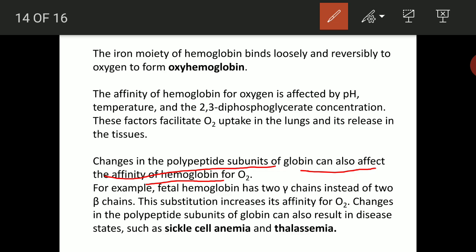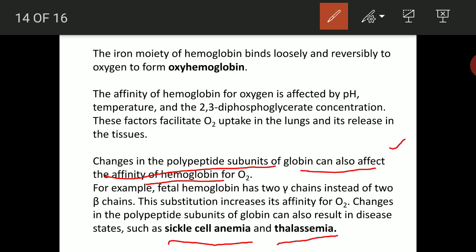Suppose there is any defect in the polypeptide chains, whether qualitative or quantitative. Qualitative means, for example, sickle cell anemia. In sickle cell anemia, there will be a change in the beta chain. The glycine amino acid is replaced by valine, so this will decrease the affinity of hemoglobin. This is a qualitative defect.